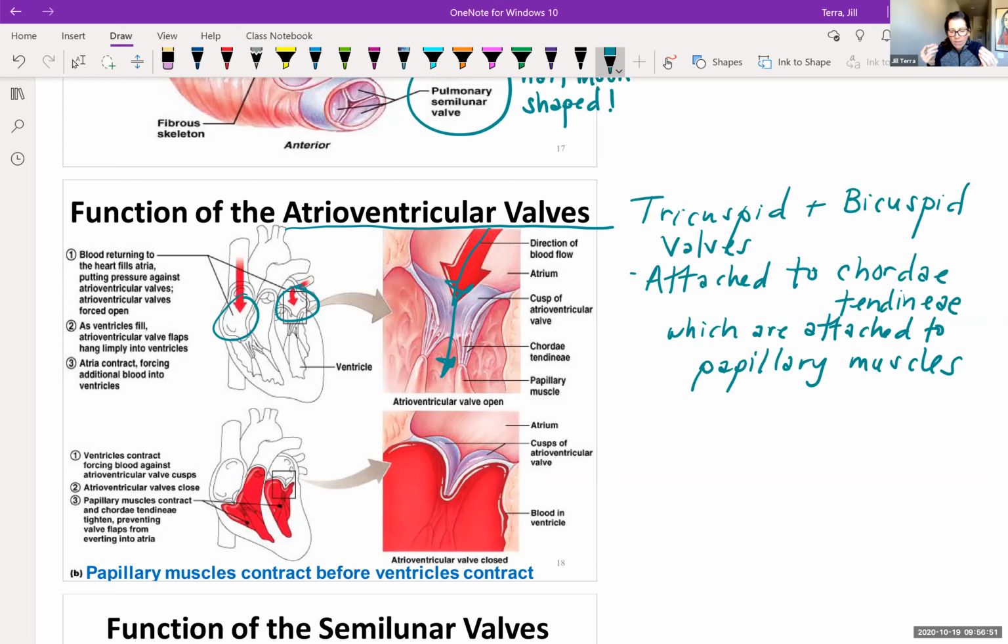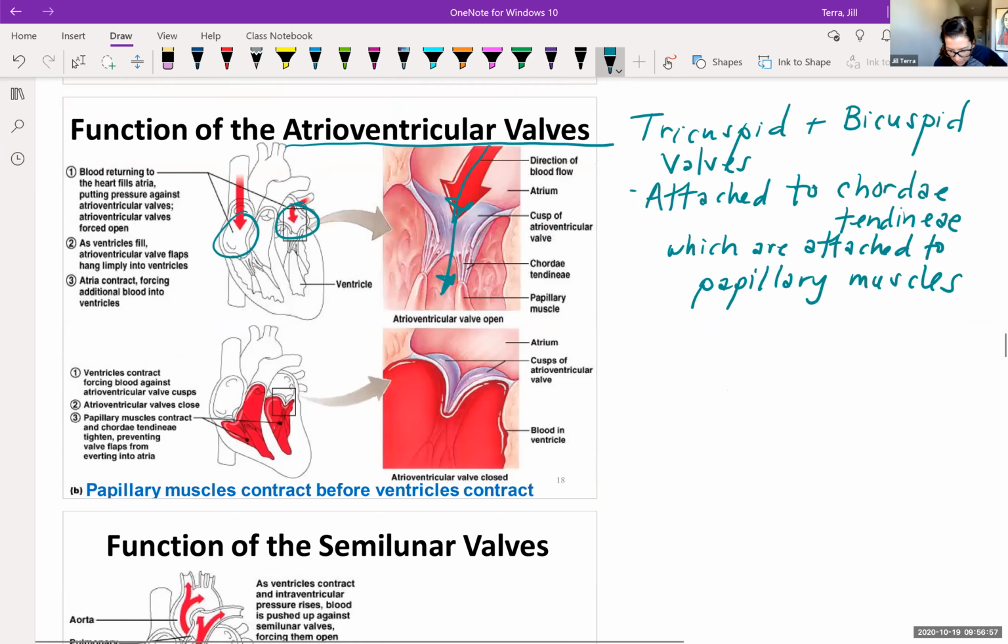And by having the papillary muscles contract, they pull down on the chordae tendineae. Imagine there's a bunch of chordae tendineae here, and then here are the papillary muscles. They pull down on it, causing those flaps to come together.